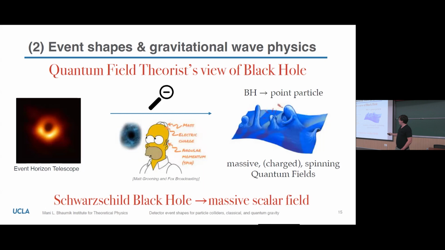Once we zoom very far out from the black holes, we can treat them as effective point particles. And thanks to the no-hair theorem, black holes are characterized by very few quantum numbers: mass, electric charge, and angular momentum. So in the simplest case, we can describe Schwarzschild, non-spinning, non-charged black holes in terms of massive scalar fields in our quantum field theory setup.